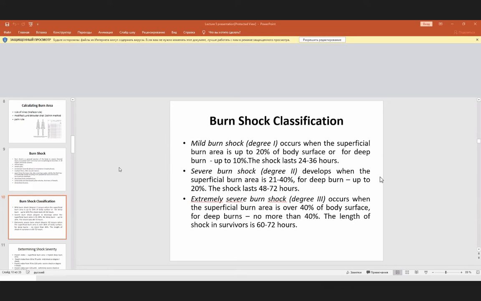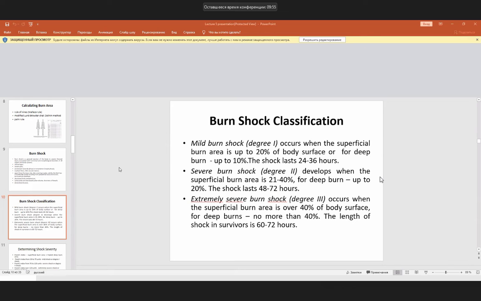Extremely severe burn shock, degree 3, occurs when the burn area is over 40% of the body surface, or for deep burns, no more than 40%. It's associated with severe functional disturbances of all organs and body systems. Lethality for the condition of extremely severe burn shock is about 80%.